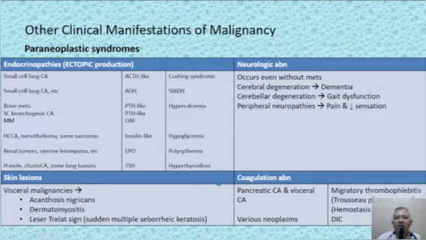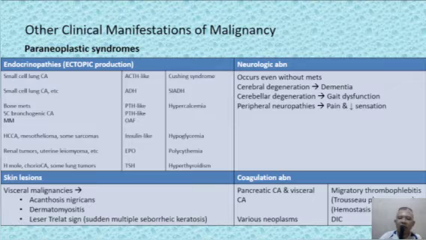Coagulation abnormalities. Okay, when a person has pancreatic CA, this person has this Trousseau phenomenon, wherein there is an abnormality in the platelet and in the coagulation cascade, leading to migratory thrombophlebitis. And many cancers lead to DIC, no?